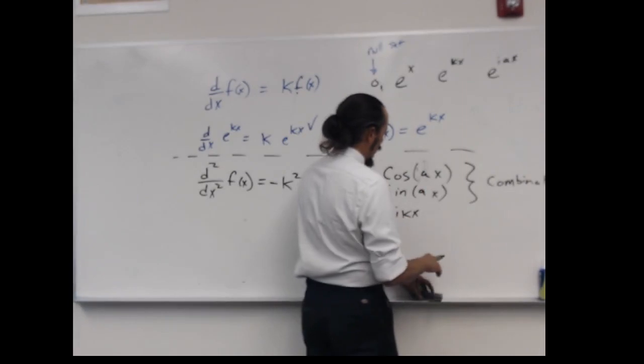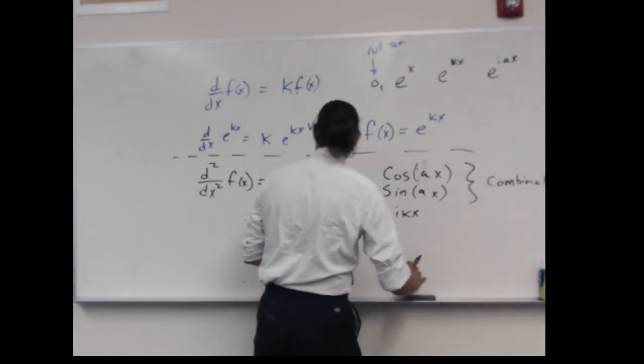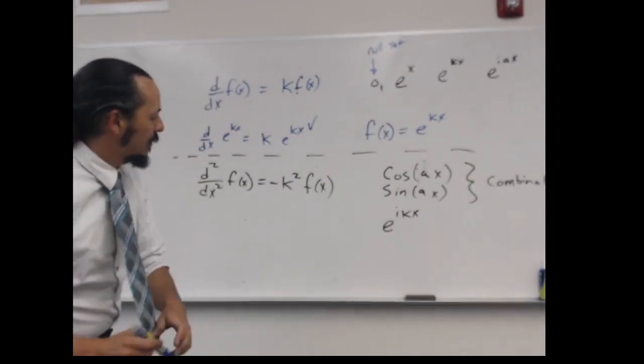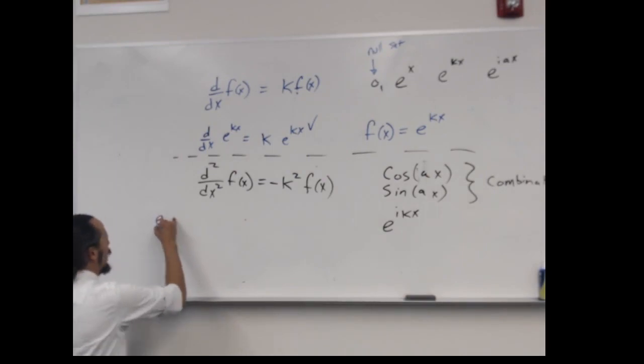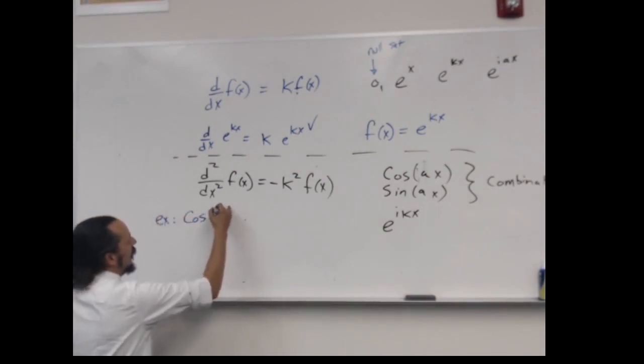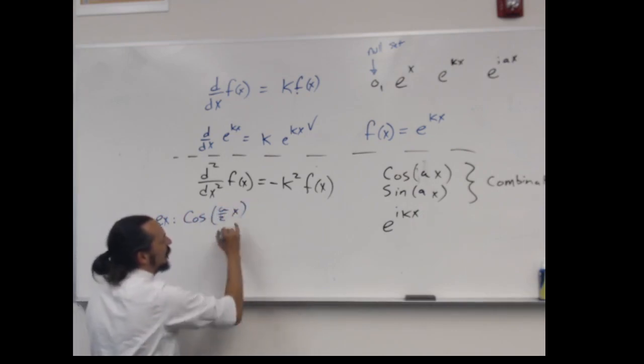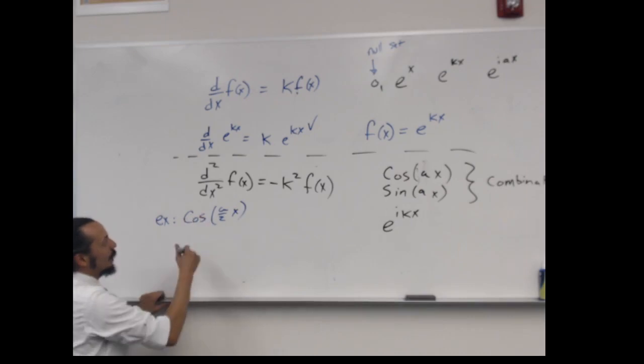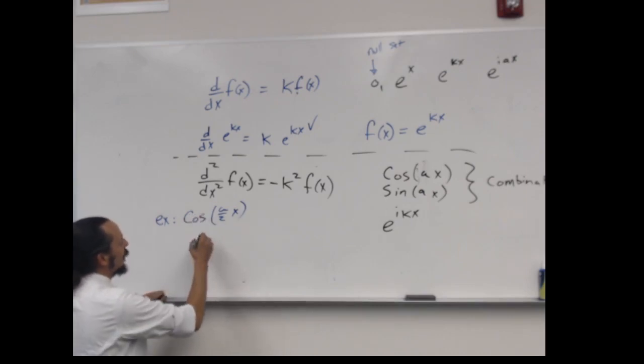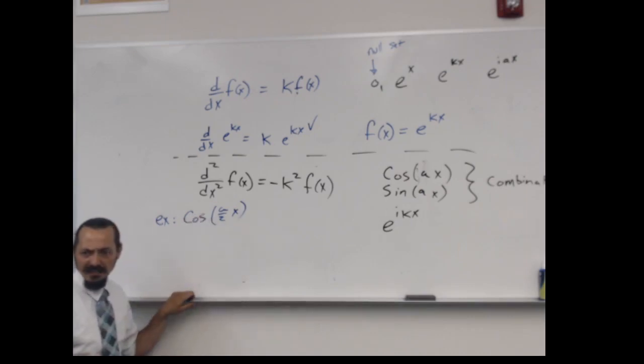Let me do this for a random, just a little random example. Let's say we do cosine of a over 2 x. Then I'm going to take the derivative twice. I'm going to take the first derivative. Cosine goes to sine.